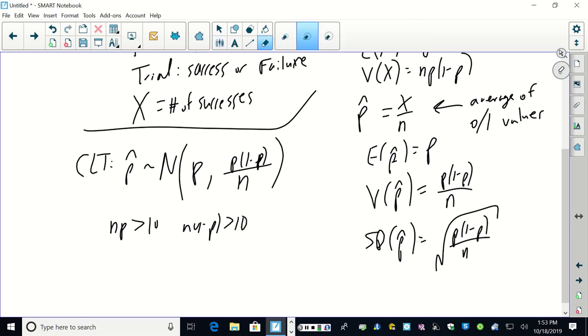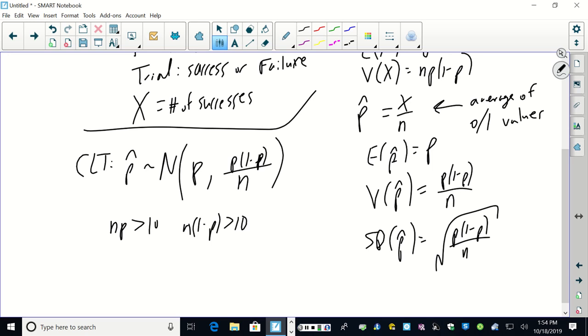Right? So if you're likely to have a decent number of successes and a decent number of failures, then that sampling distribution is roughly normal. For p around 0.5, this would say 20. You need a sample size of about 20 if it's at 0.5.